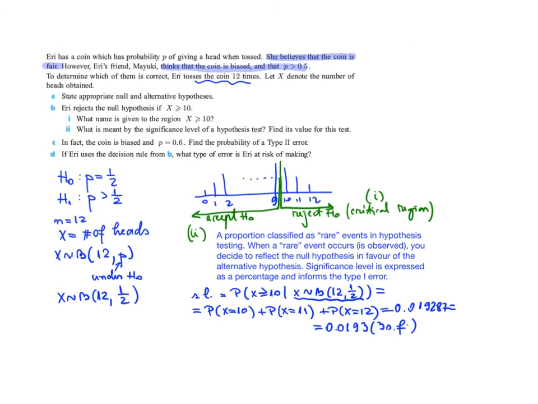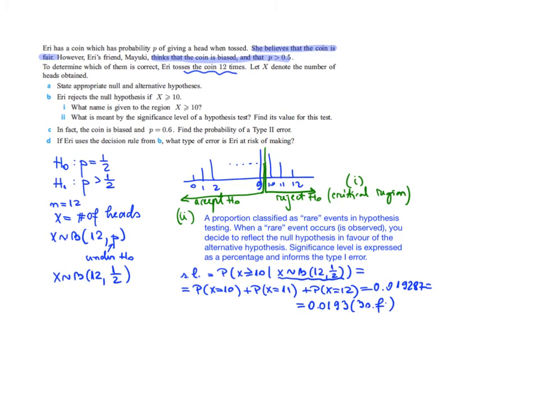Let us now look at the third question. In fact, the coin is biased, and that's a probability of success, so your distribution changes. Probability of a type 2 error, I always start with the definition as said before.